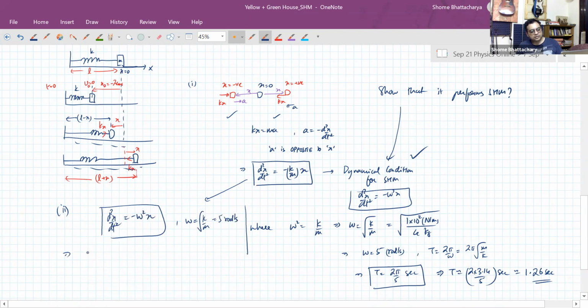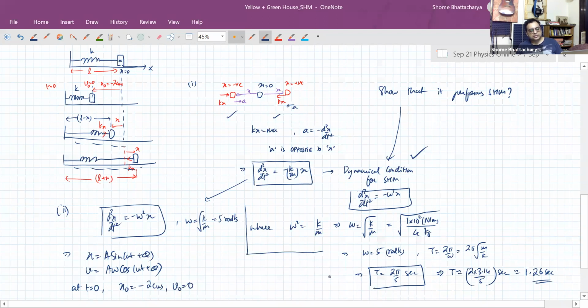So now we know that x is a sine omega t plus phi, and therefore v is a omega cos omega t plus phi. Now we'd also seen that at t equal to 0, at the starting position, x naught's value was minus 2 centimeters. We had compressed it by this much, and we'd released it from rest.